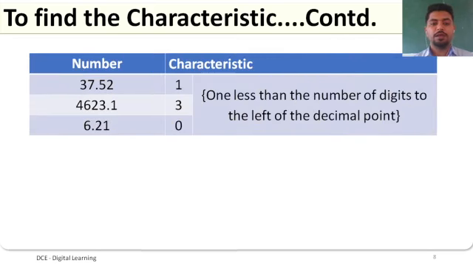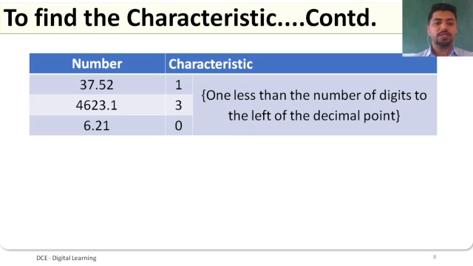For example, here 3 numbers are given: 37.52, 4623.1, 6.21. Dear students, all these numbers are more than 1. So here in 37.52 there are 2 digits in the integral part of that number.